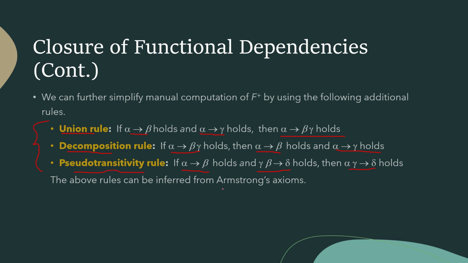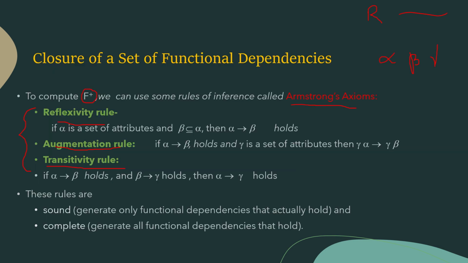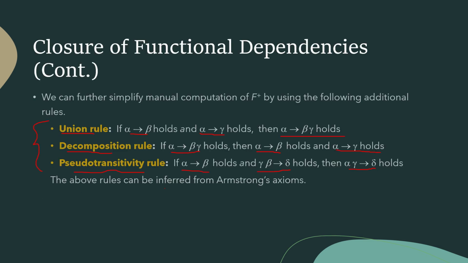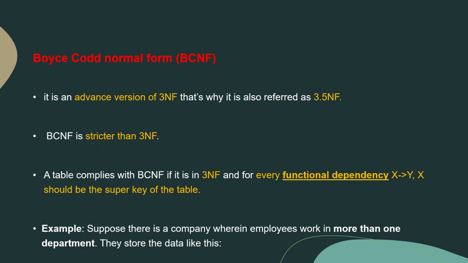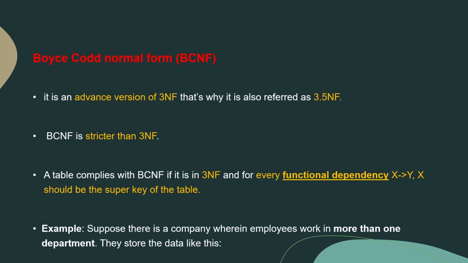These are inferred from the Armstrong axioms. So if the question is to write the Armstrong axioms, these are the axioms, and the union rule, decomposition rule and pseudo transitivity rule are inferred from them. After understanding all these points, we can easily study the concept of Boyce-Codd normal form, called BCNF.